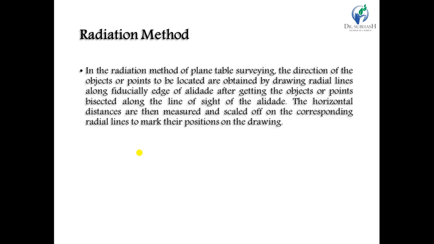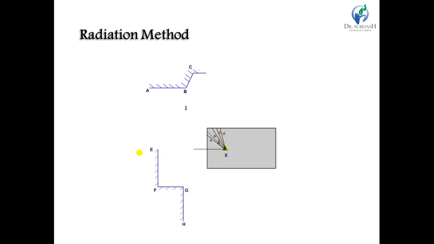For getting the different object points, we use the alidade, pivoting it with the ruling edge with respect to our reference point. After fixing the reference point, we sight our object point and draw the line parallel to the line of sight, as per the scale of the map, on our drawing paper.